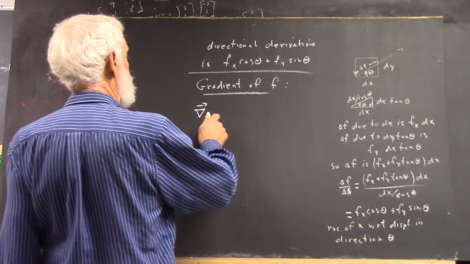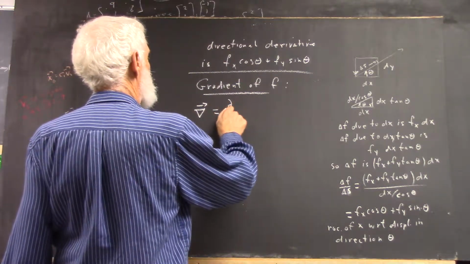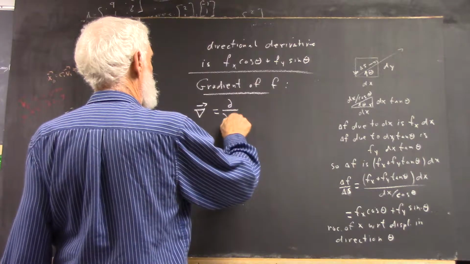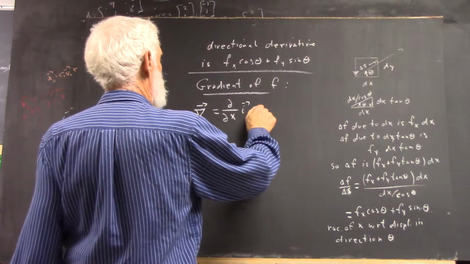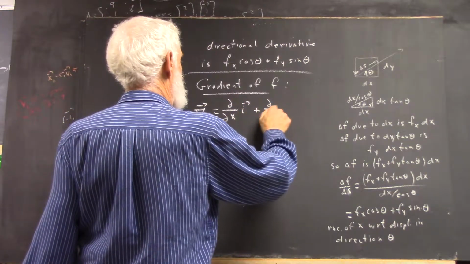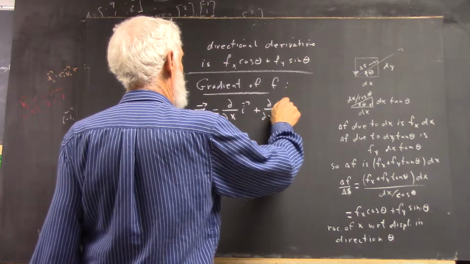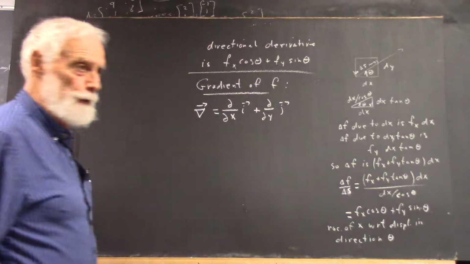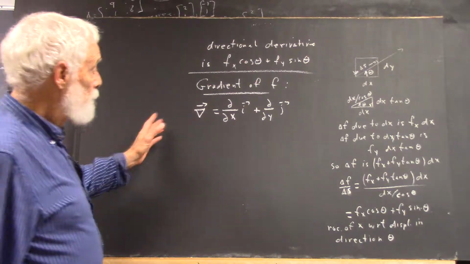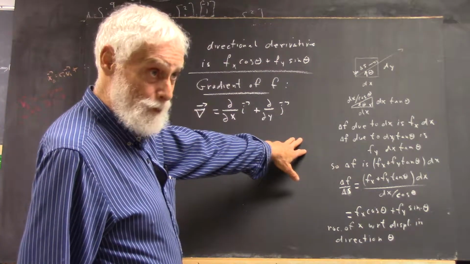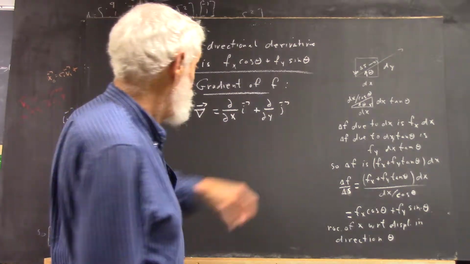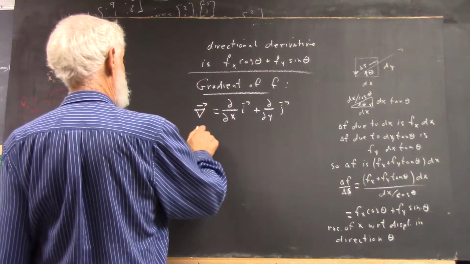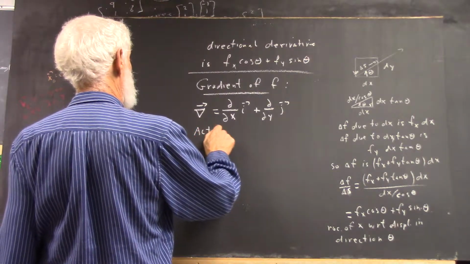And this operator is easy enough to understand as soon as I tell you how it operates. Okay? This is an operator. Okay? And it acts like this.